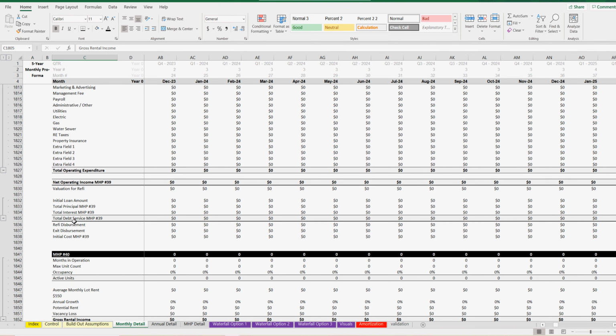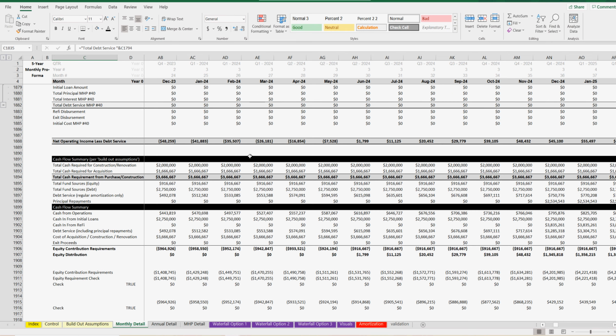Just make sure when you're working in this, you don't change the names of things. So like total debt service MHP number 39, that needs to always say total debt service and then reference the name of the property. And you can change the name over on the build out assumptions, but don't change the wording total debt service because that's going to be referenced in all these aggregates.